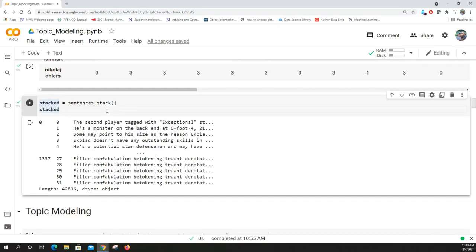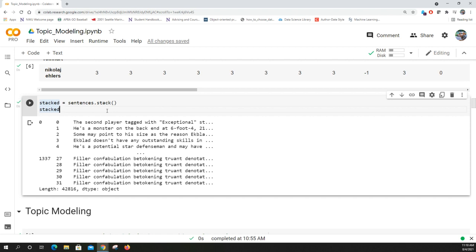What we're going to be doing in this video is going into the topic modeling side of this project. With aspect-based sentiment analysis, you need to be able to predict whether the sentiment is positive or negative first and foremost, but then you also need to get an insight as to what it's about.